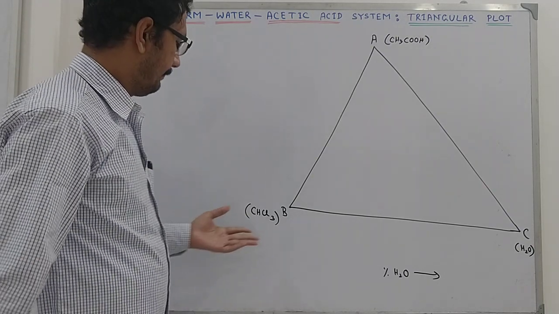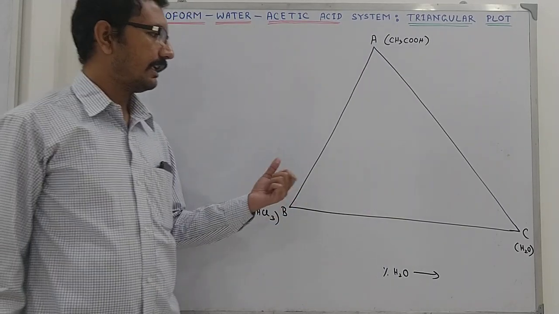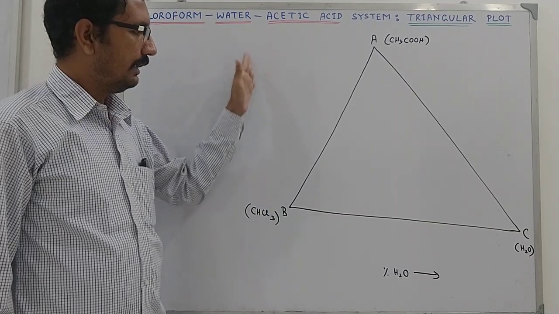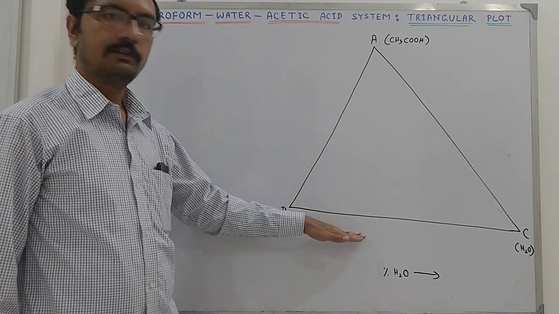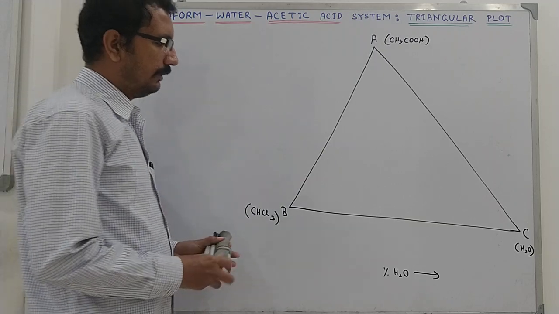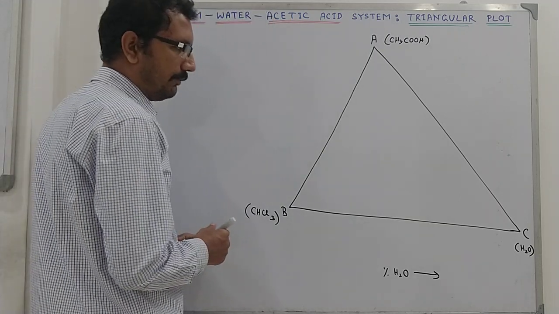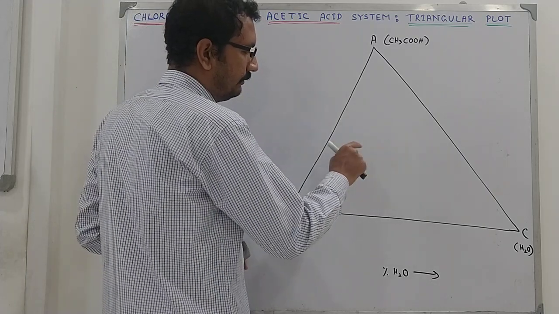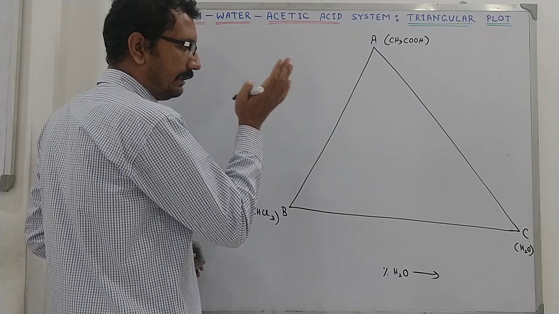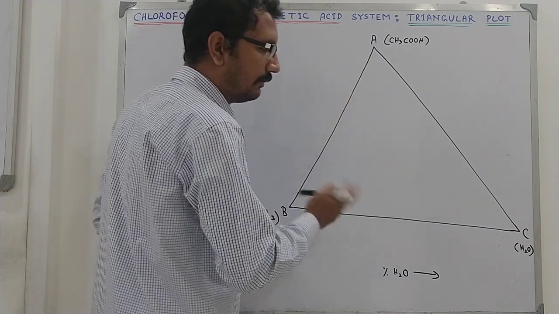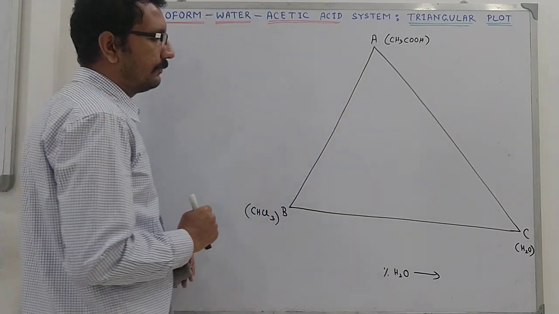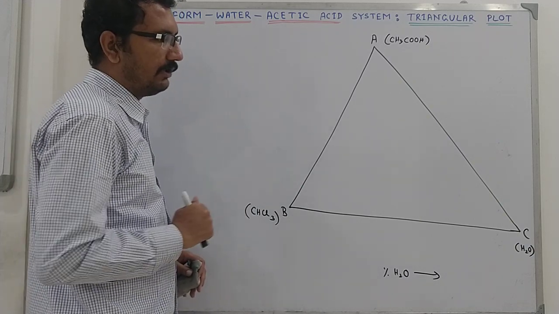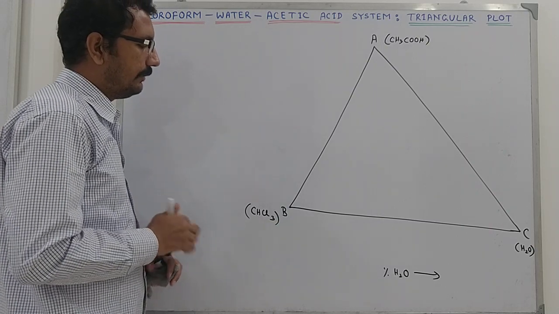Now you can remember the phenol water phase diagram, where we have a plot of temperature versus composition, and in that graph we have obtained a maxima that demarcates the homogeneous and the heterogeneous solutions, and the maxima obtained is called the upper critical solution temperature, as we have studied earlier.